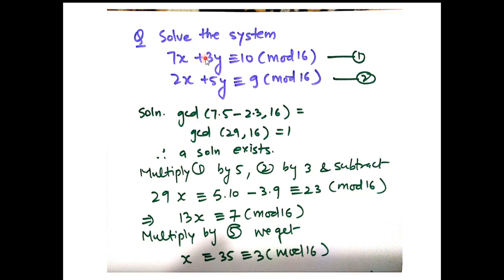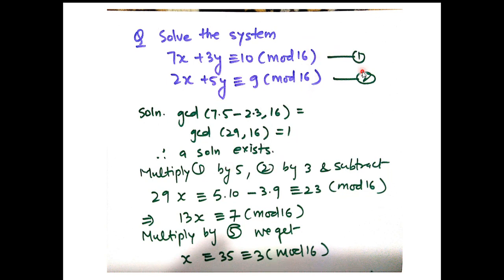Let us consider this question where we have to solve this system: 7x plus 3y is congruent to 10 modulo 16 and 2x plus 5y is congruent to 9 modulo 16. First of all, let us check that GCD of 7 times 5 minus 2 times 3 with 16 is 1. Therefore, a solution of this system exists.